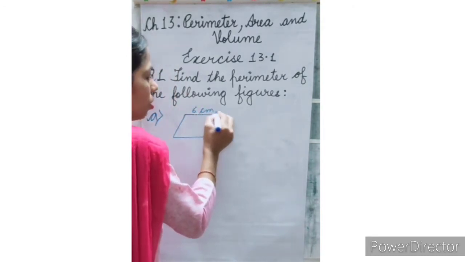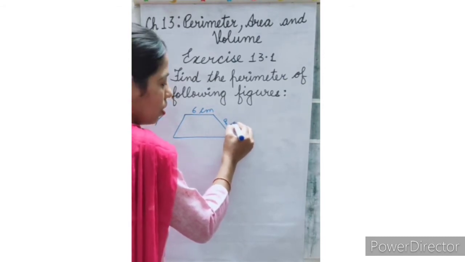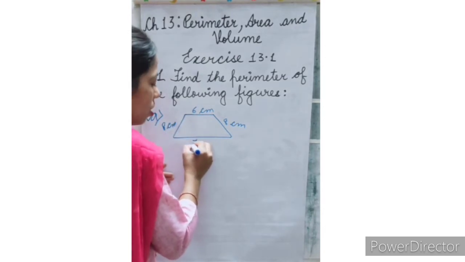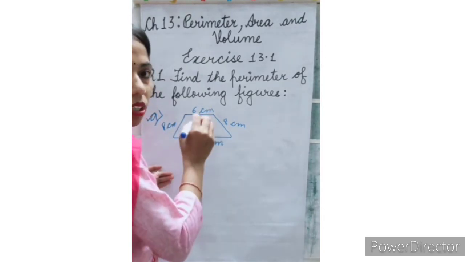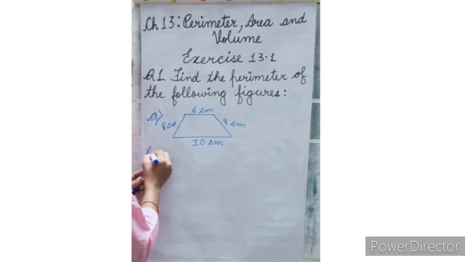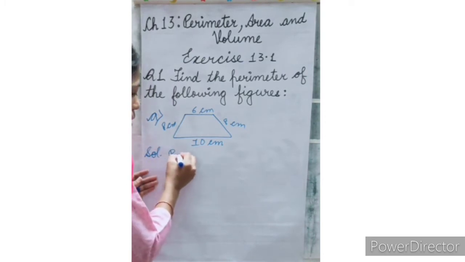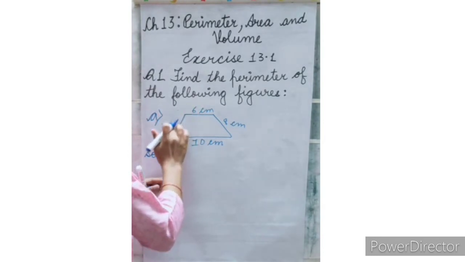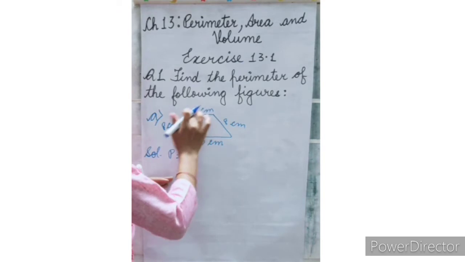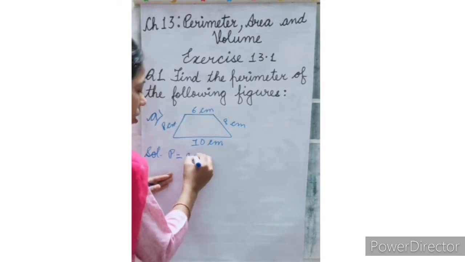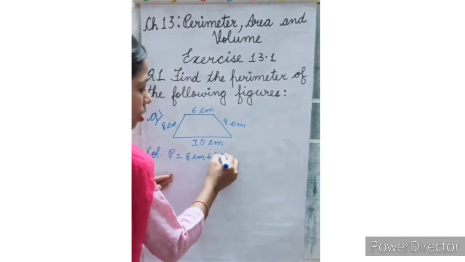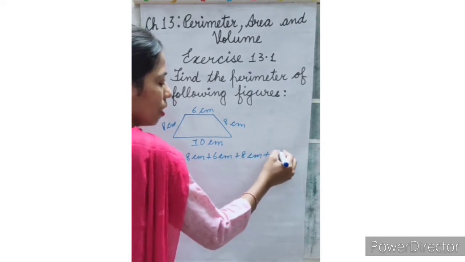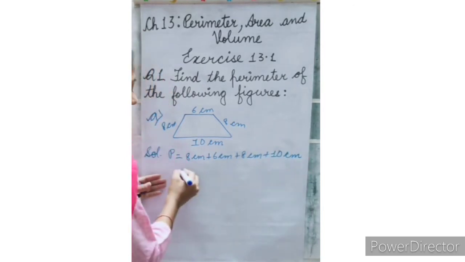Six centimeter, 8 centimeter, 8 centimeter and 10 centimeter. Now we have to find the perimeter of this shape. So how will we find it? For finding it, we will add the measure of all the sides. 8 centimeter plus 6 centimeter plus 8 centimeter plus 10 centimeter.